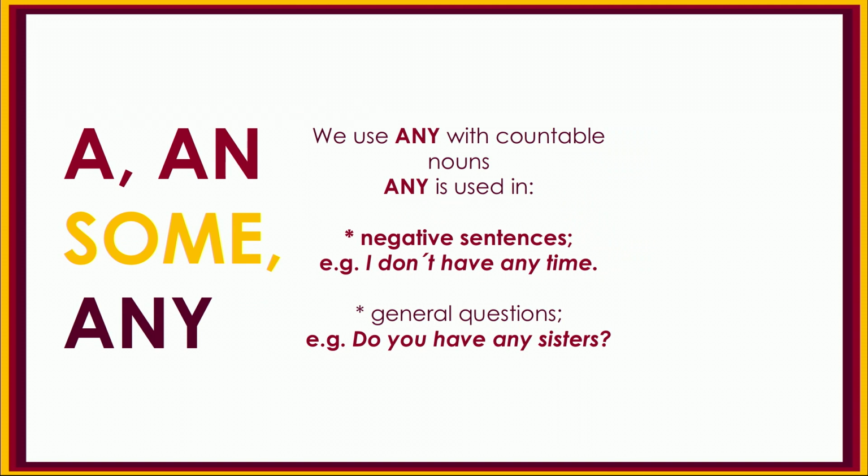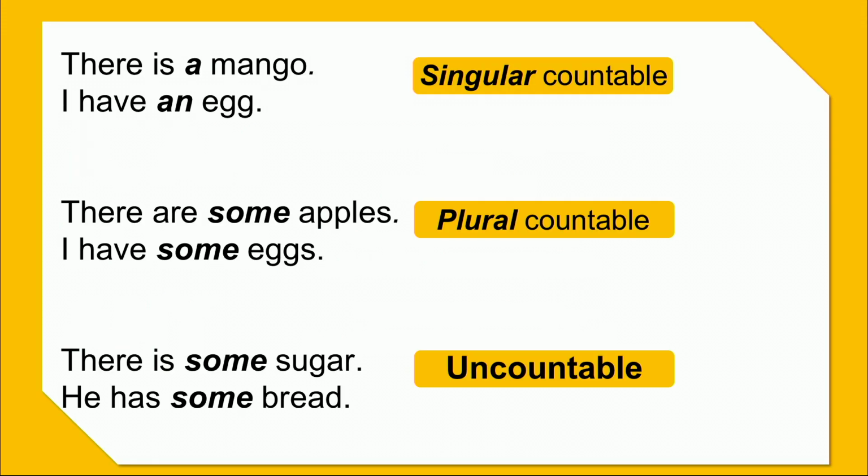We use any with countable nouns only with their plural, and with uncountable nouns. Any is used in negative sentences, like for example, I don't have any time. Also in general questions like, do you have any sisters? Look at these extra examples. There is a mango.